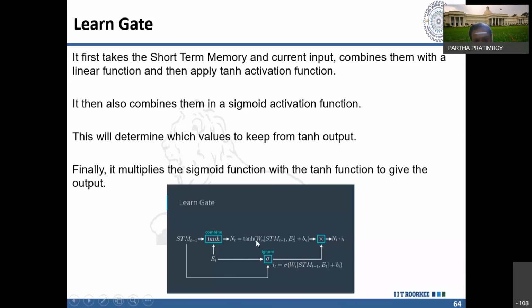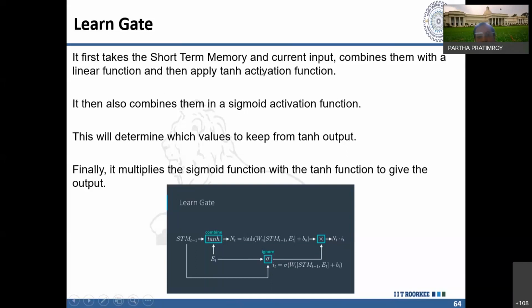Okay, here. So you are using basically tanh and the sigmoid. Both information combine, and then finally you get Ni dot Ii. Ni you get using tanh, and Ii you receive using this sigmoid.